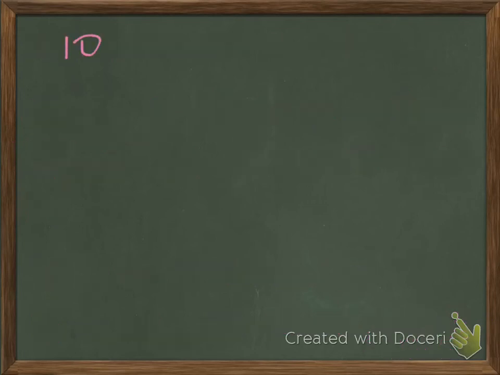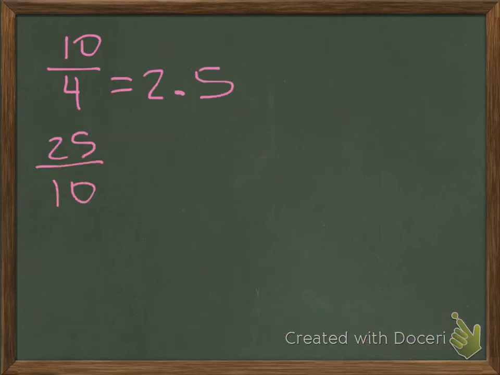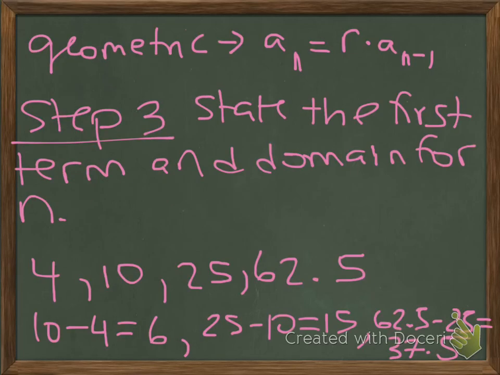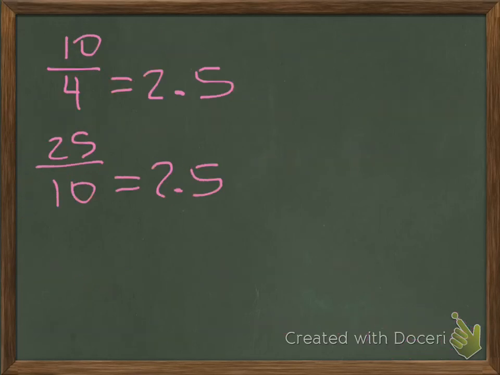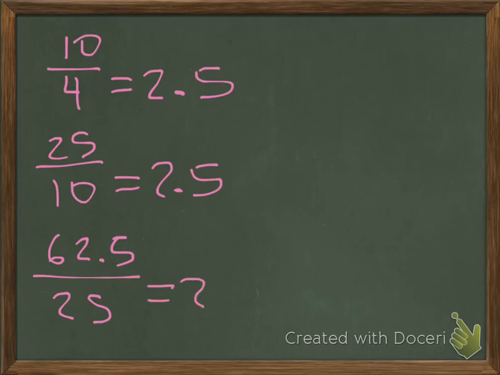So 10 divided by 4, which gives me 2.5. And then the third term divided by the second term, 25 divided by 10, which gives me 2.5. And then the last term divided by the third term, 62.5 divided by 25, which also gives me 2.5. So you can see that there's a common ratio here. Which tells me that it's a geometric sequence.